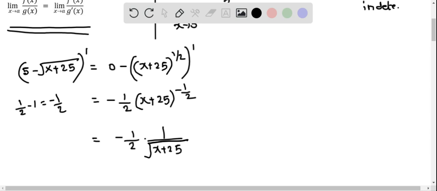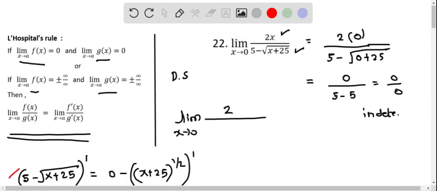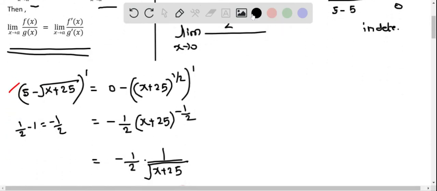So basically the derivative of 5 minus square root of x plus 25 is negative 1 by 2 times 1 over square root of x plus 25. I'm going to replace it over here for the denominator, as negative 1 by 2 times 1 over square root of x plus 25 under the root.